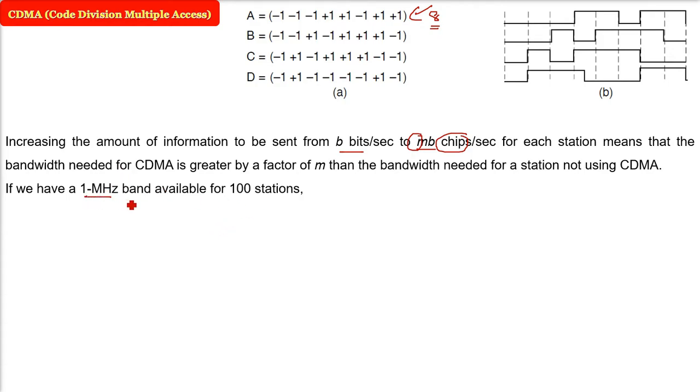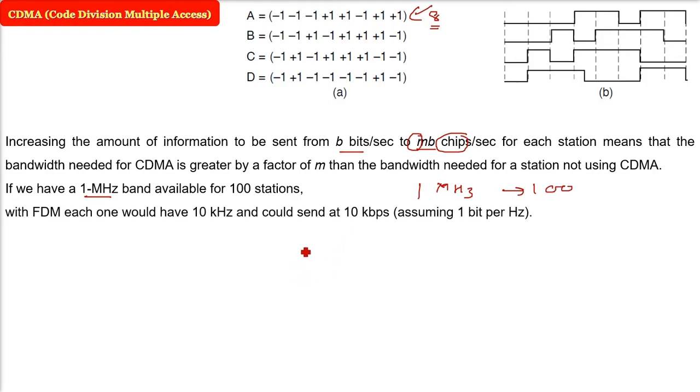For example, if we have a 1 megahertz band available for 100 stations, if you are using FDM or frequency division multiplexing, each one would have 10 kilohertz. That is, you divide the frequency, and every station will be able to send at 10 kbps, assuming 1 bit per hertz.